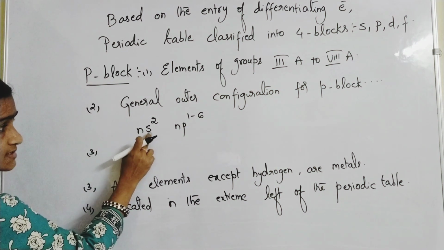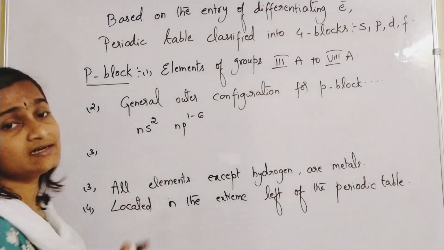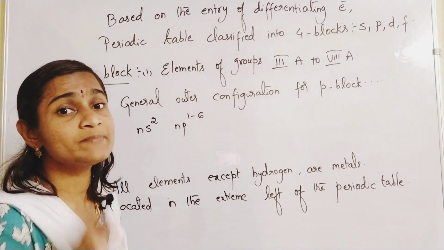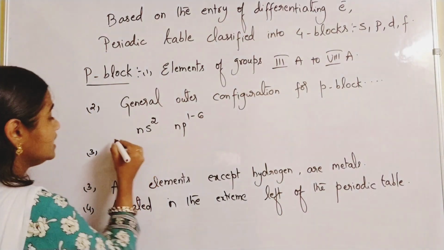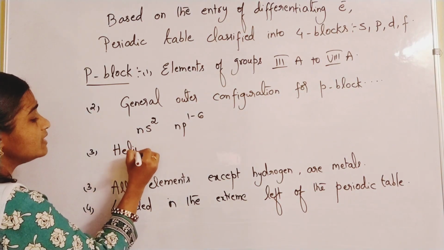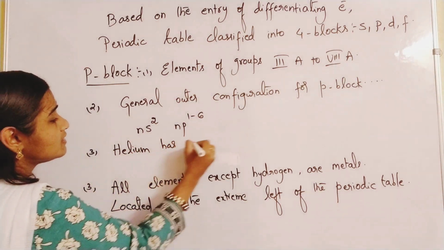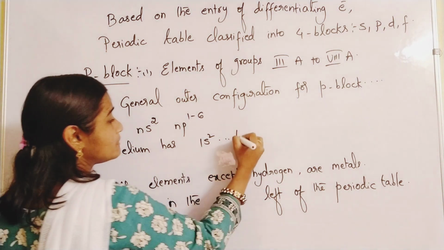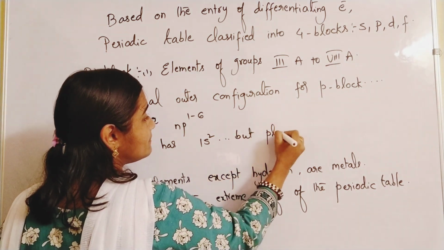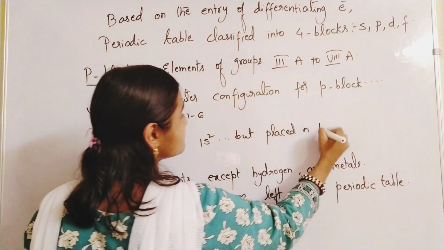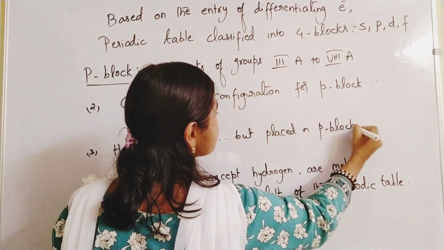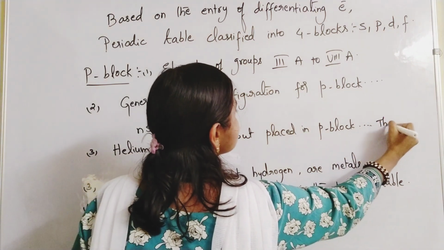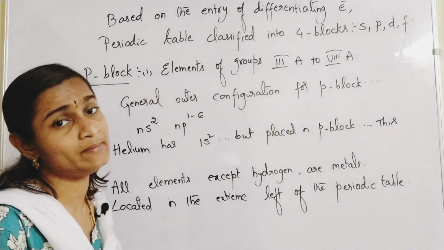Here generally this configuration has an exceptional case, that is helium. Helium has 1s2 configuration only, but it is placed in P block. This is an exceptional case for P block elements.